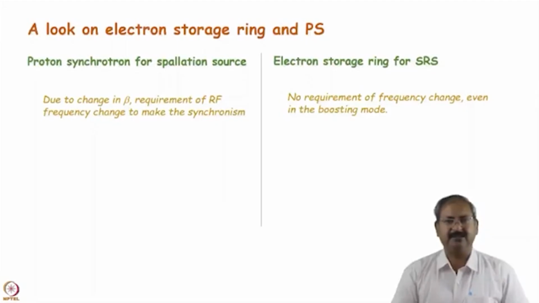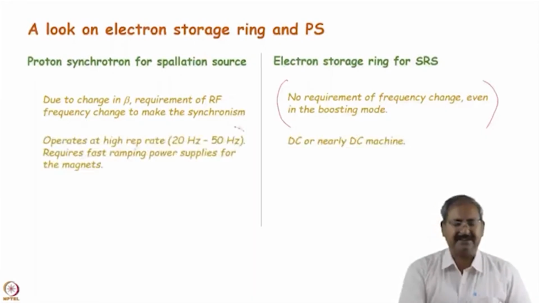In that case, to maintain the synchronism, RF frequency has to be changed. In the case of an electron machine, beta remains almost constant, so there is no need to change the RF frequency. In the case of a proton machine, there may be a requirement to change the frequency. If we are not using the synchrotron, and instead we are using a full energy LINAC and accumulator ring, then definitely in the proton machine also we don't need to change the RF frequency.